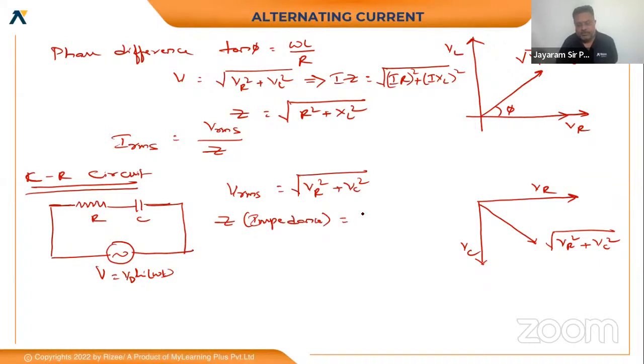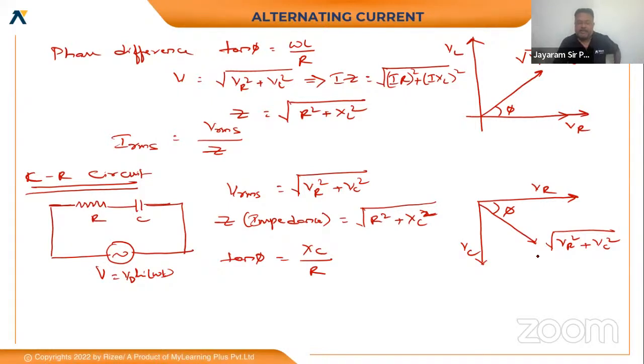Impedance is equal to root over R square plus XC square, where XC can be written as 1 by omega C. And tan phi, that is the phase difference, is equal to XC by R. In this case, voltage lags the current, or the current leads the voltage.